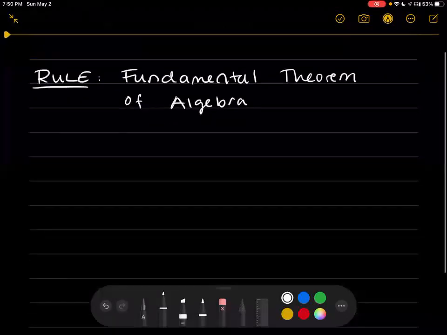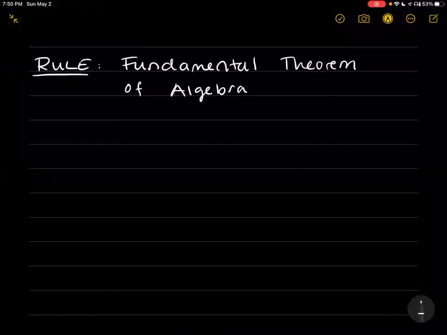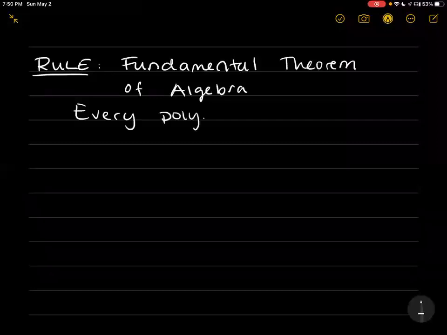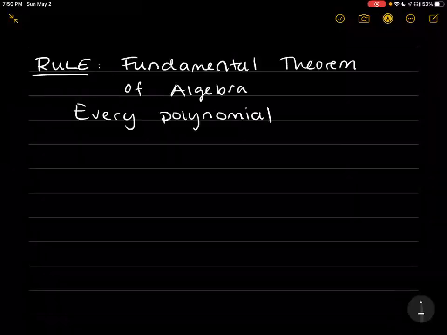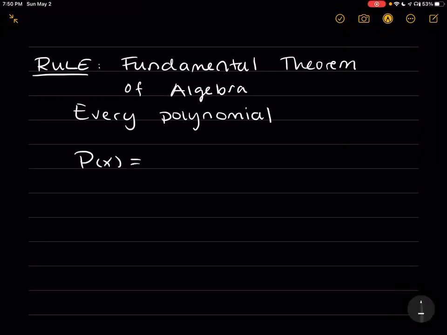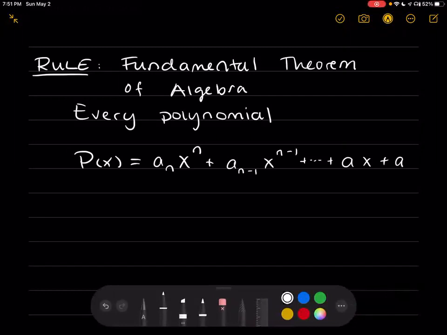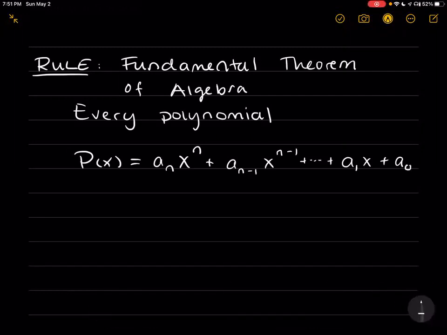Okay. And the fundamental theorem of algebra says that for every polynomial, so let's call it P of X, and let's say it's of the form A sub n, where that's the leading coefficient, times X to the n, so n is the degree of this polynomial, plus then the next term is A sub n minus 1 times X to the n minus 1, all the way down to A1 times X, the linear term, plus, or sorry, that should be an A1, and then A naught, that's the constant term.